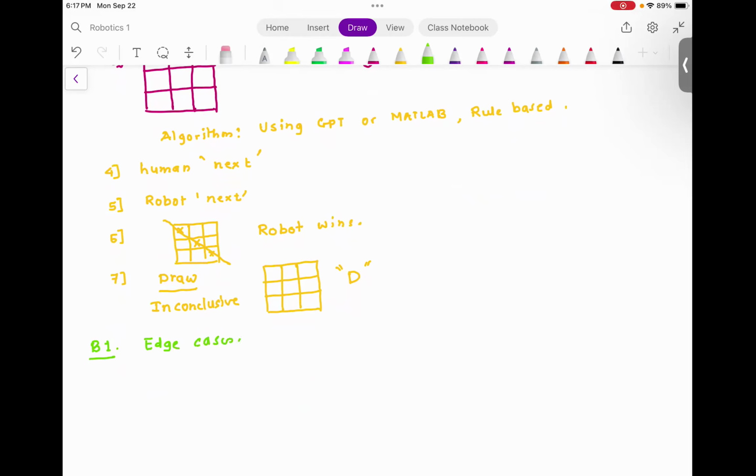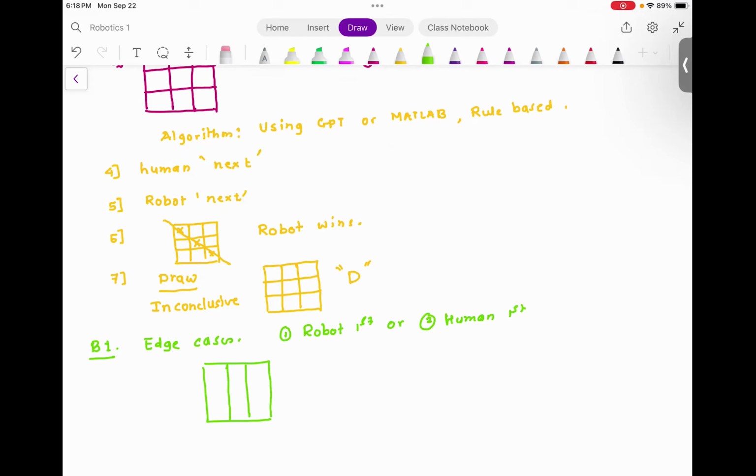Which means, think about it: edge cases means you should give an option whether the robot goes first or the human goes first. So for example, in your program, you can ask for a prompt.